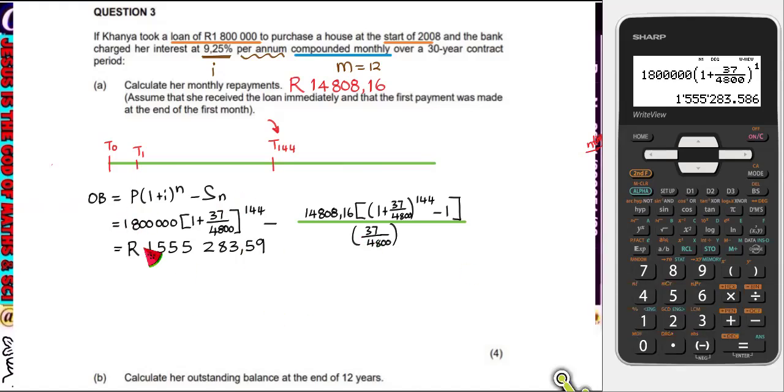Once you understand how to do this, finance becomes easy, because I know what they would have done. They would have given you that form: P times 1 plus i to the power of n, minus x, open the bracket, and the formula is 1 plus i to the power of n minus 1, all over the i.